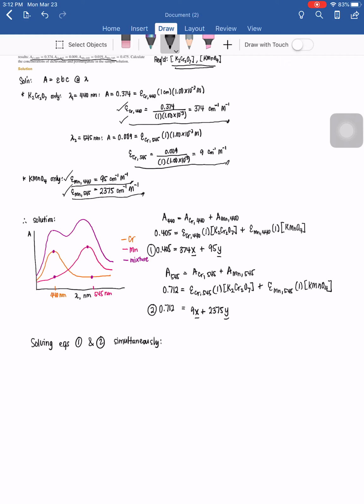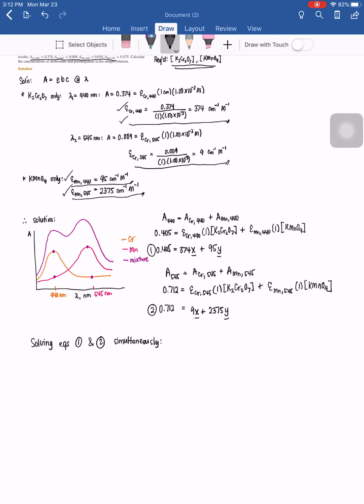Under A, I'll write 374, press equal, I'll enter 95 next, press equal, and then I'll enter 0.405, equal.